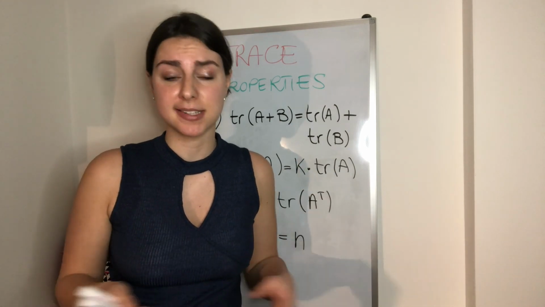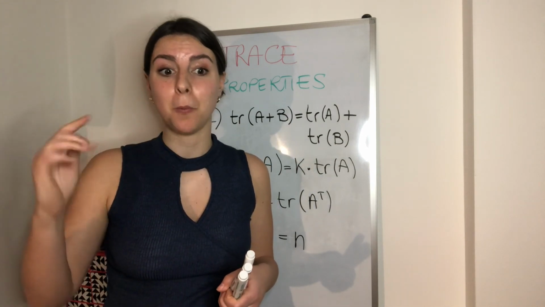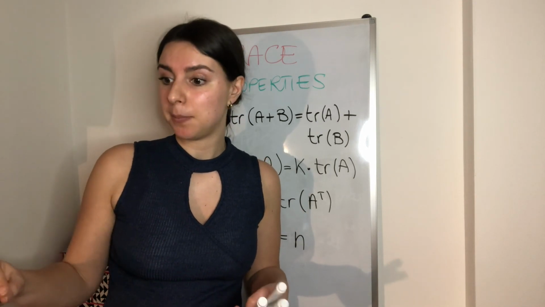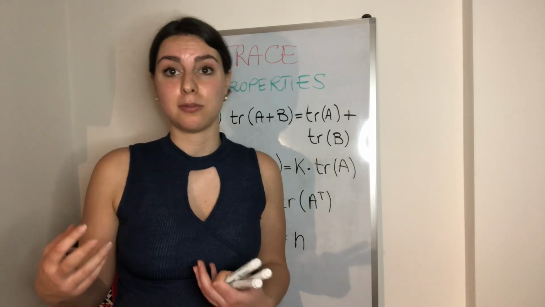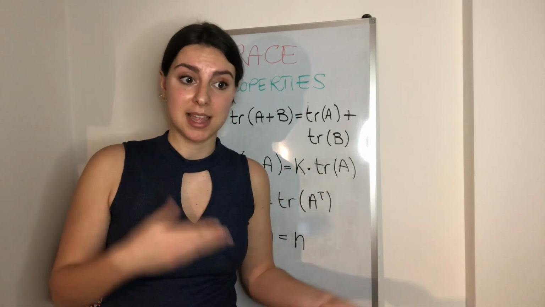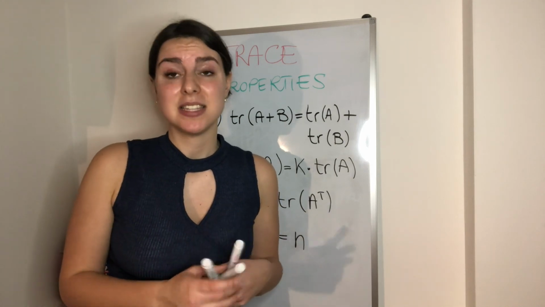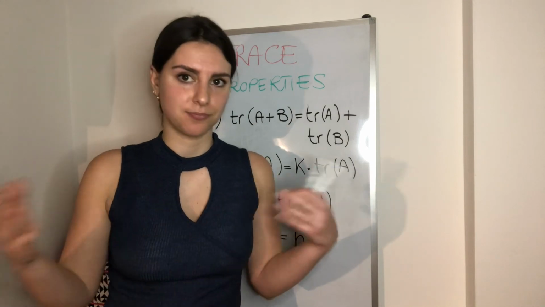So of course, if you are summing all the ones on the diagonal, you will end up with exactly the number of rows and columns of the matrix. So the trace of an identity matrix is equal to its dimension.